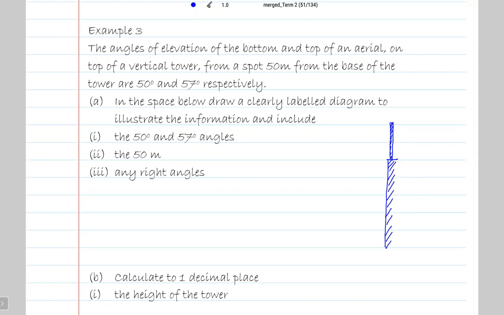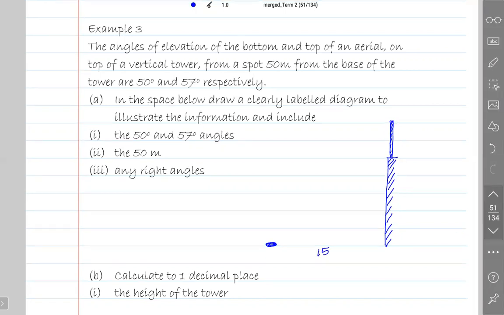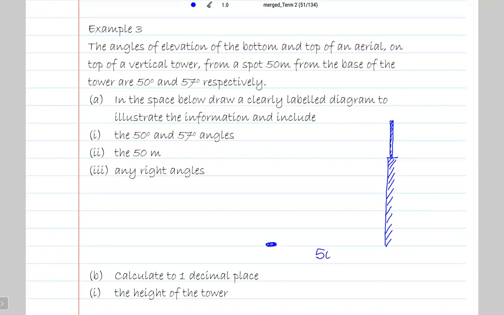Now, from a spot 50 meters away, so here's my spot, this spot is 50 meters away from the base of this vertical tower. That's vertical. This is horizontal. The angle between vertical and horizontal is always 90 degrees.